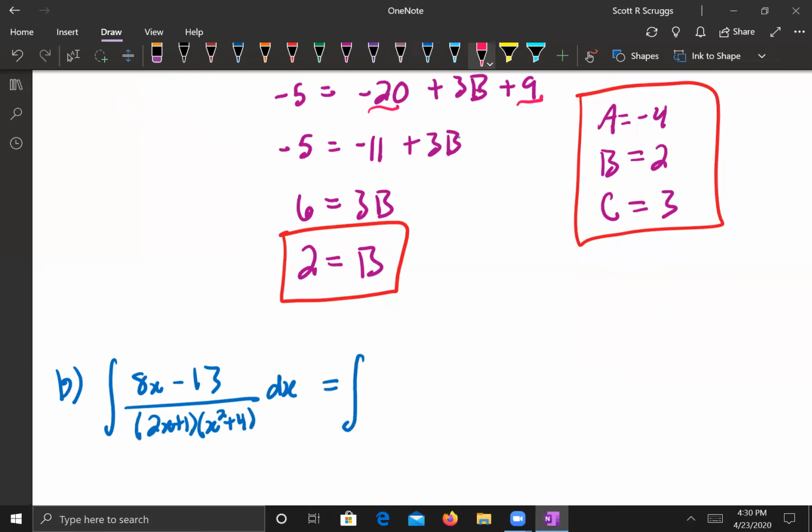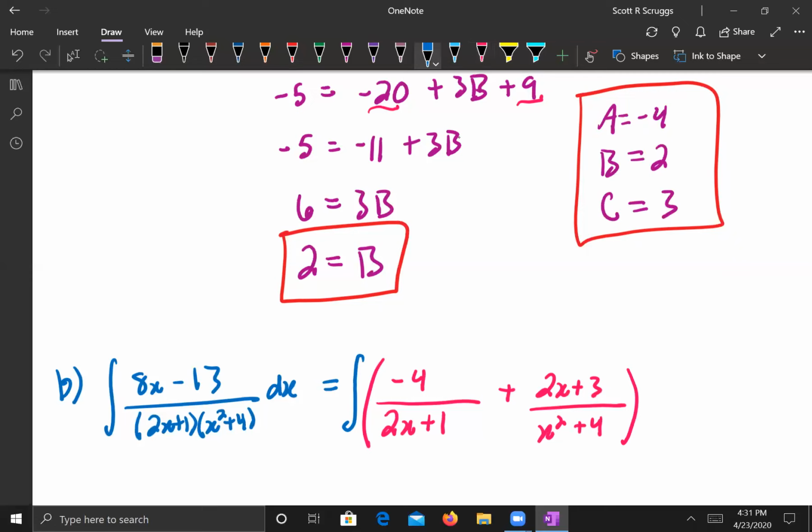I know that a equals negative 4, b equals 2, and c equals 3. So I can now replace my integrand as negative 4 over 2x plus 1, plus 2x plus 3 over x squared plus 4, dx.